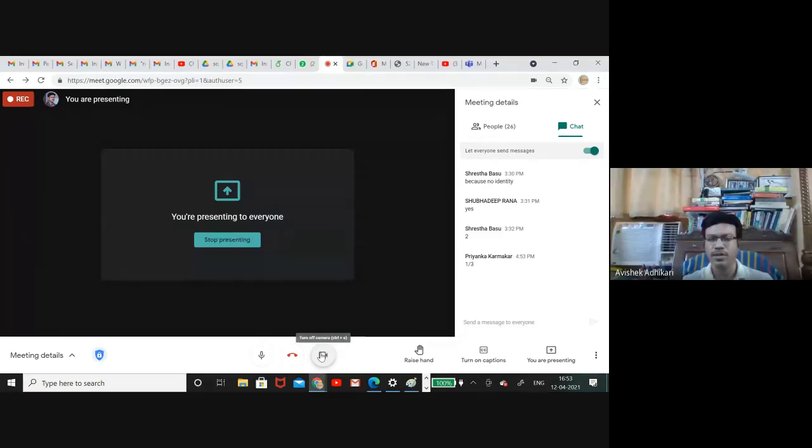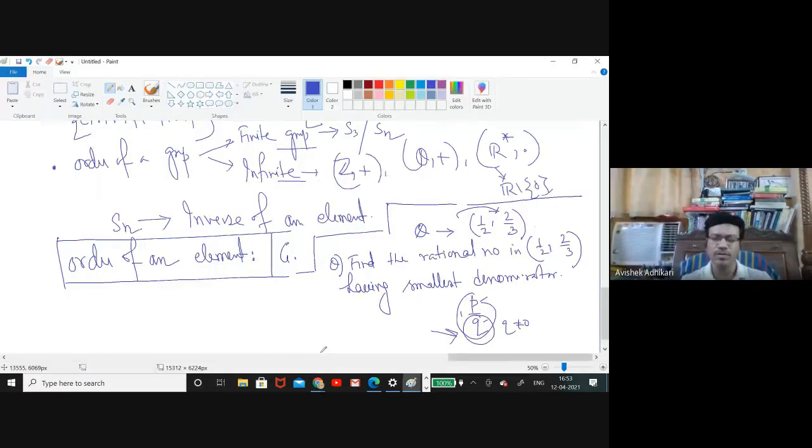It should be within that interval, right? 1 by 3 is not within this interval. It should be between half and 2 by 3, and 1 by 3 lies here. 1 by 3 is strictly less than half. So within this interval it has to be.